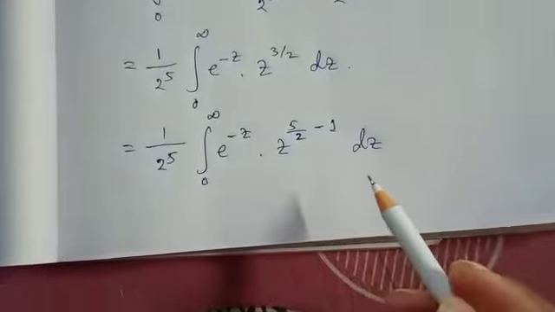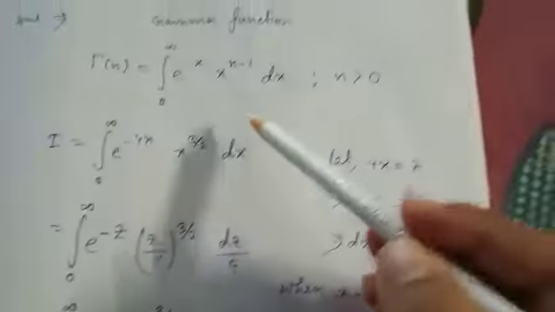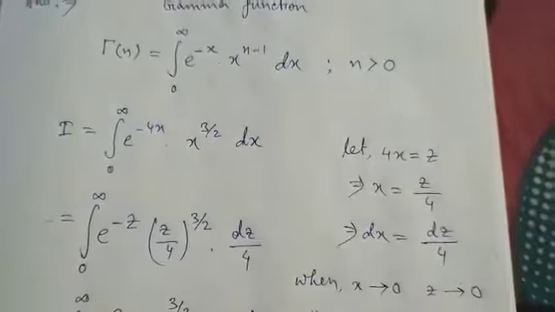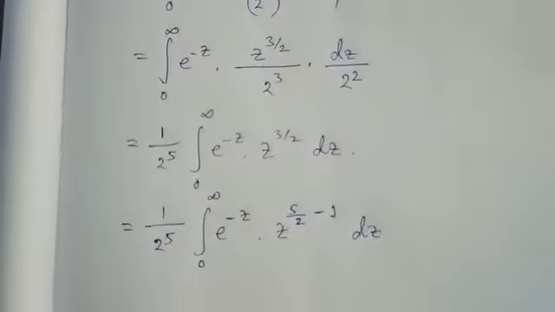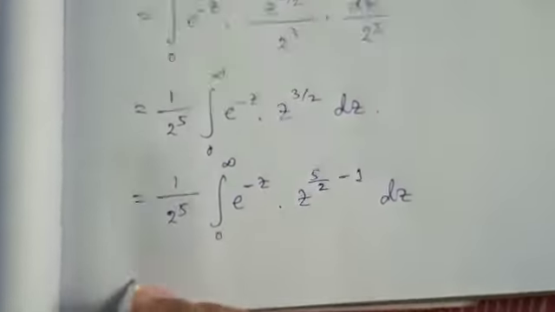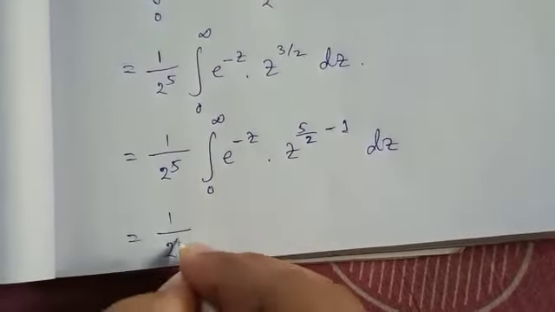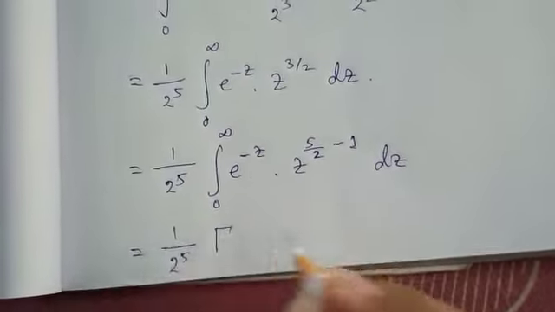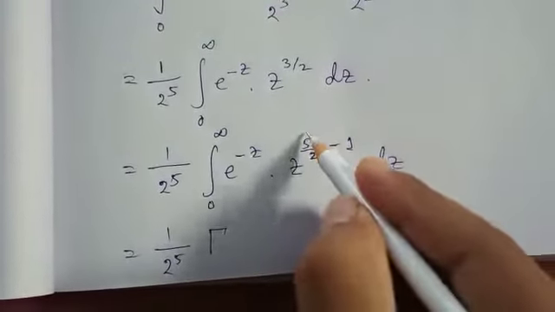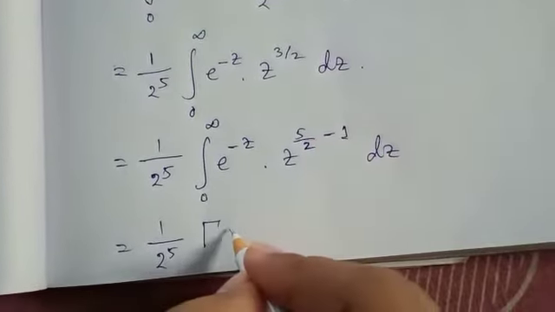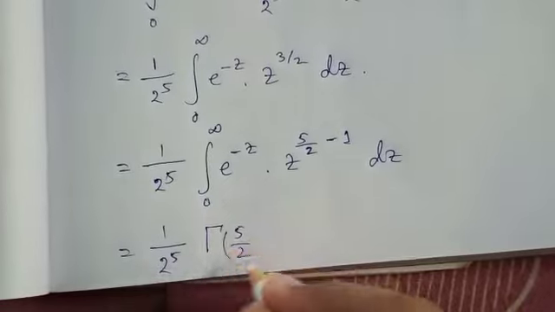This term is just like the gamma function. Then we write 1 by 2 to the power 5 gamma of n. Here n is 5 by 2, so gamma of 5 by 2.